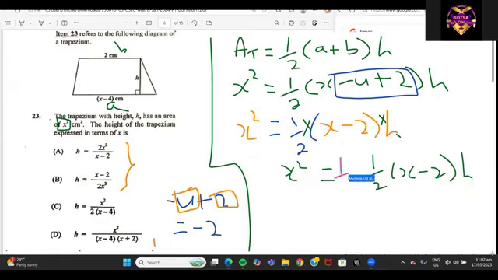I write it like this so it won't look complicated. Dividing both sides by a half, this will cancel. We don't even have to work on that part, which will leave us with (x minus 2) in brackets by the height. On the other side, we need to work that out.